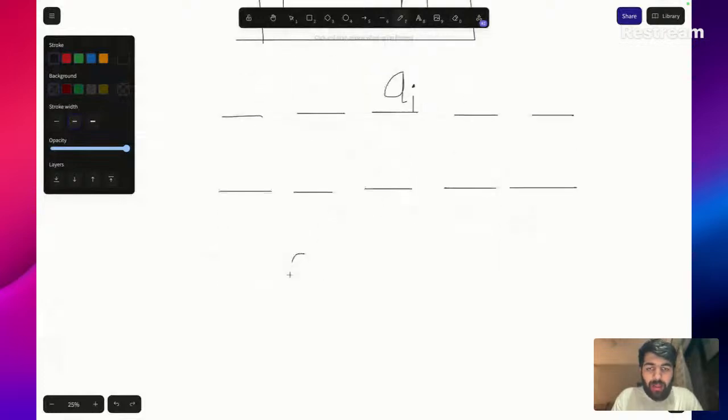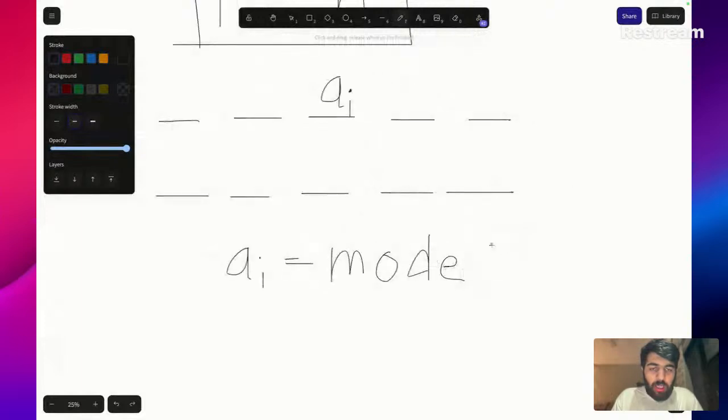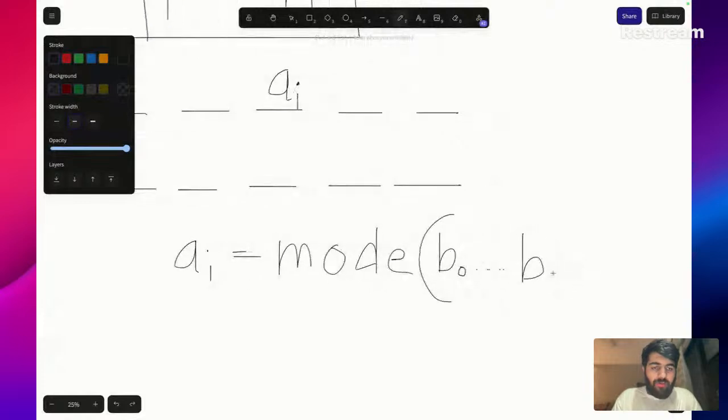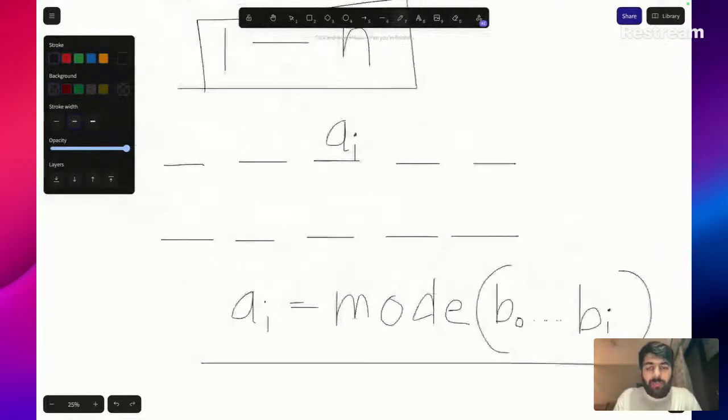So AI has to be equal to the mode of all elements from B0 till B of I. And what is the mode? The most frequent element. The most frequent element till here has to be AI.